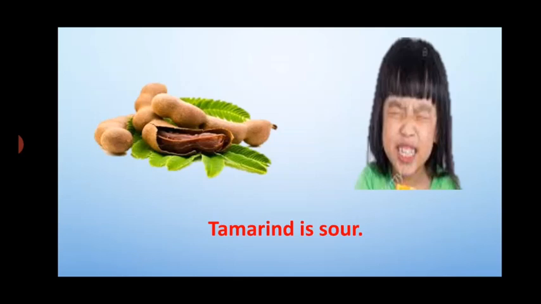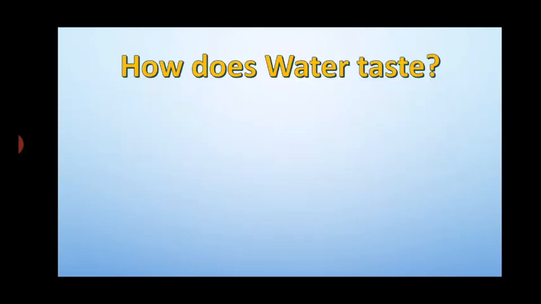Can you see when you eat a tamarind, how do you react? You react like this, girl. So a tamarind is sour to taste. Now how does water taste? We saw that mangoes are sweet and the tamarind is sour. Have you ever tried to bite a green chili?